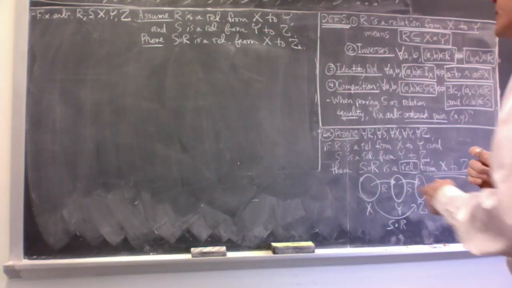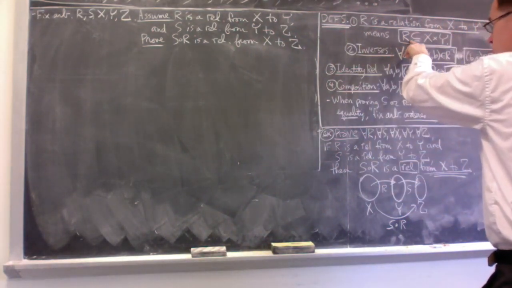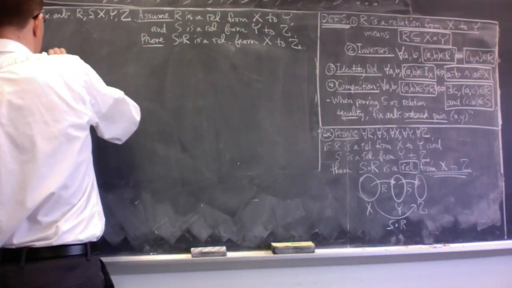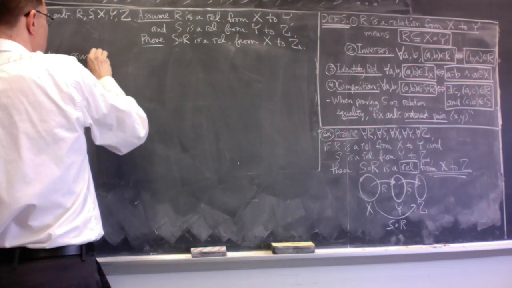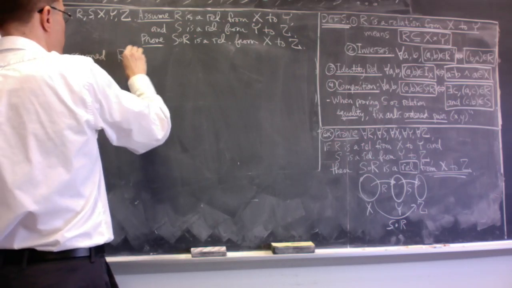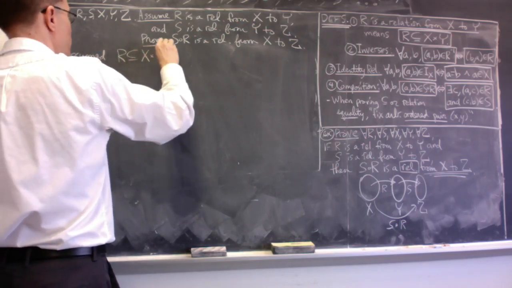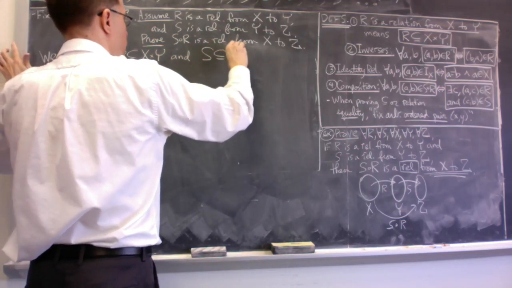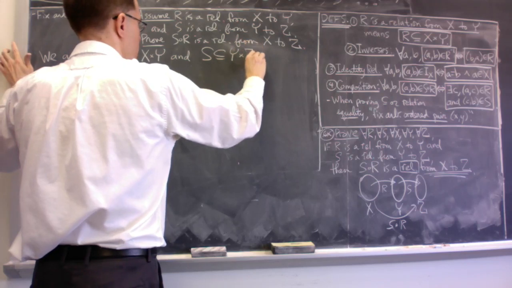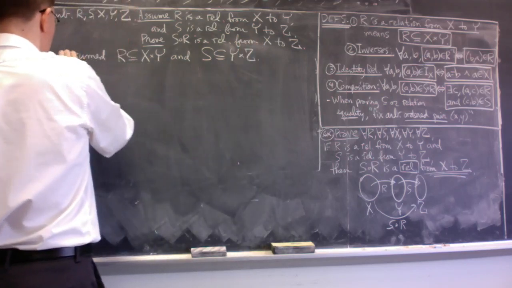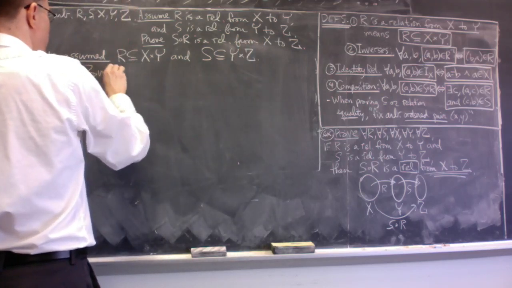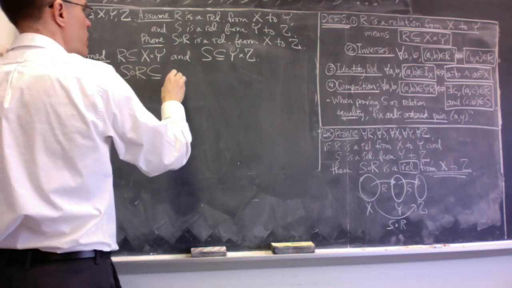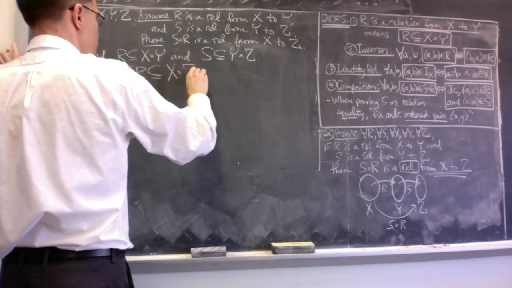All right, and so now we get to expand this definition a bunch of times. So we assumed R is a subset of X cross Y. And S is a subset of Y cross Z. And we have to prove that S circle R is a subset of X cross Z.